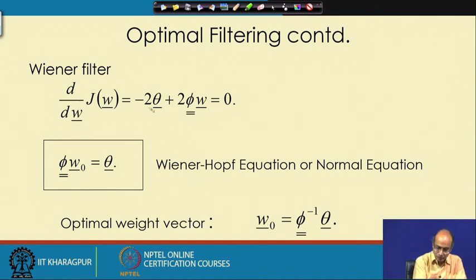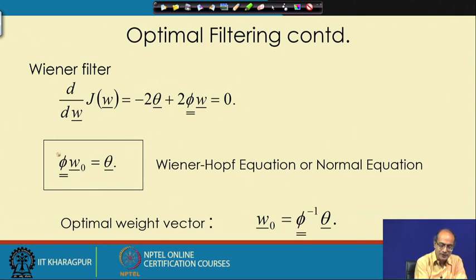Okay. Now, by scaling it and changing the sign, that means taking theta to the right hand side, we can write it in this form: phi w 0 equals the vector theta.